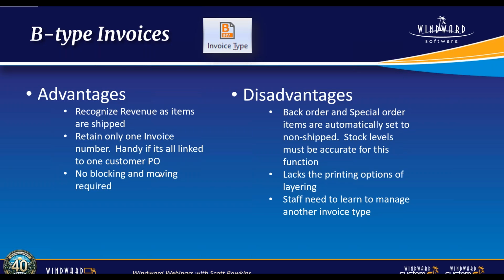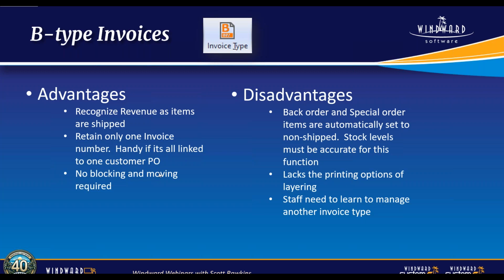Drop shipping is a great point, Kyle, about how we can use this automation to kind of help us along. It keeps everything on one invoice. There's no blocking and moving. You don't have to know how to do that. The special order items that are received automatically go to the shipped tab, which, as long as, you know, that can be a little confusing.